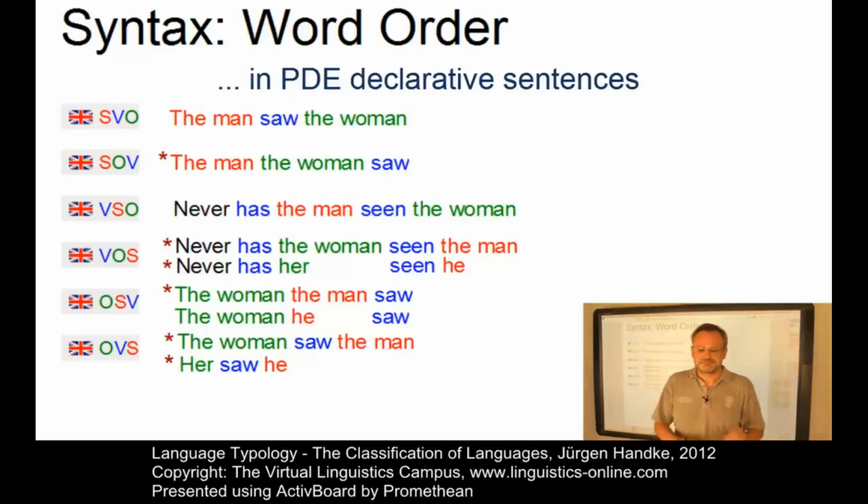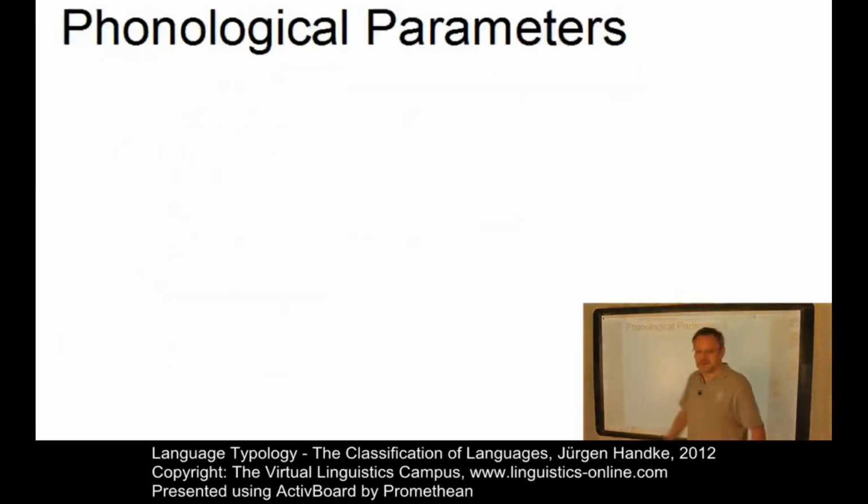Let's finally look at the phonological parameters of language classification. Well, there are several possibilities of classifying languages phonologically. For example, one could use segmental aspects such as the presence or absence of certain segments or segmental effects.